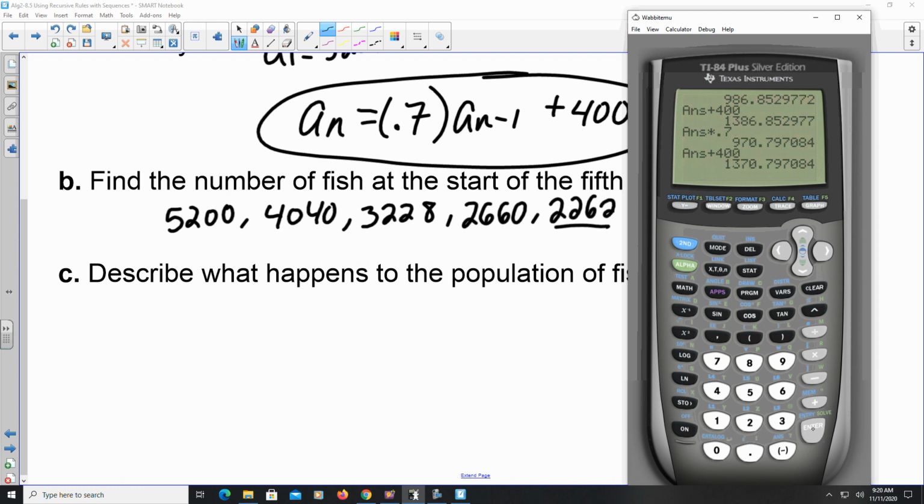Now the gap between like 1386 and 1370 is much less. So let's see what it looks like coming up. Oh, now we're getting less of a difference. So now we're at 1351. Again, that was only 8. Let's see what happens here.